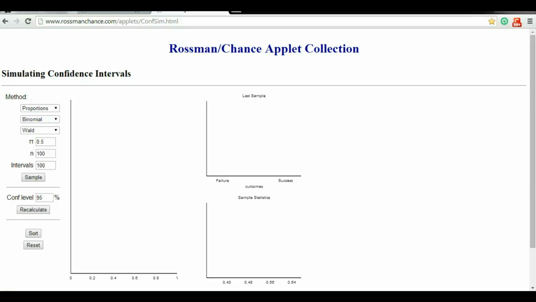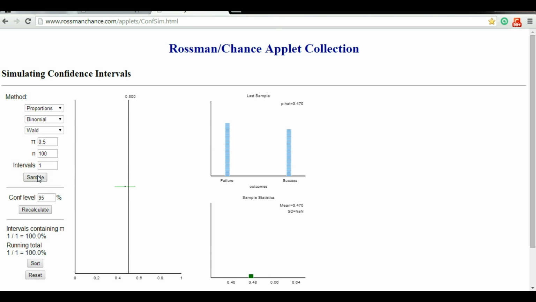All right, so what we're going to look at now is confidence intervals, and we're looking at this for proportions. So what we have here is a population, and this is what P is right here. This is the proportion of successes in the population, which is 0.5, and we're sampling a sample size of 100 people.